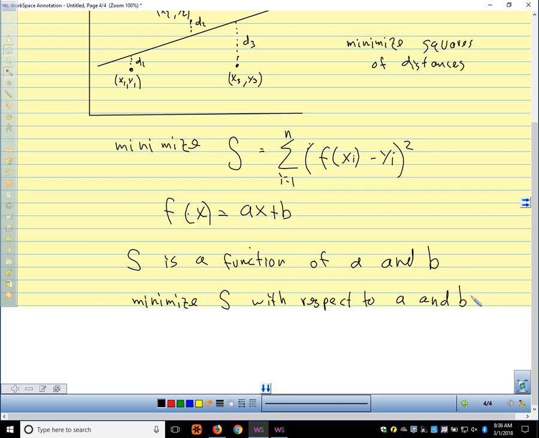So that's where the least squares line comes from, setting up an equation like this, taking the partial derivative with respect to a, setting it equal to 0, taking the partial derivative with respect to b, setting it equal to 0. So all those equations that they give you in stats class come from taking partial derivatives and finding critical points.